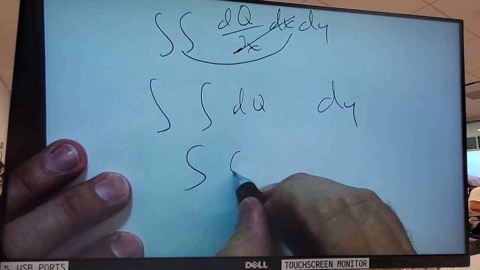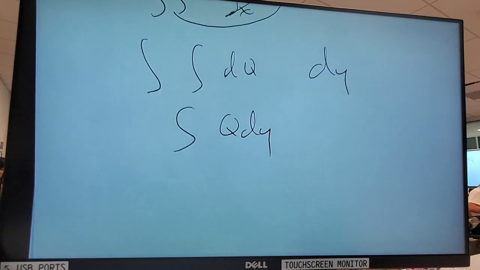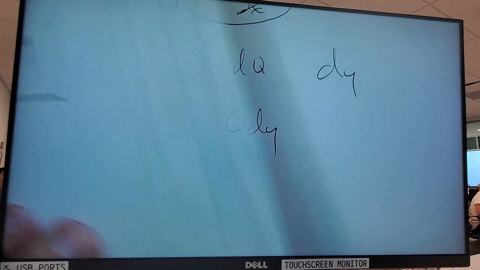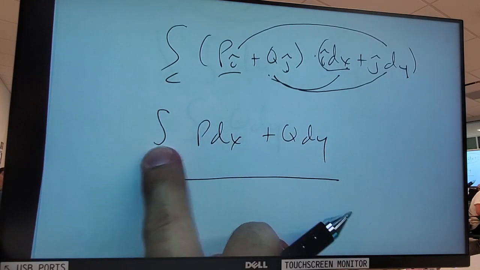This integral of q dy. I'm attempting to bypass about 30 minutes worth of full explanation. Nobody got time for that right now. But this is actually pretty close to what's important about this. Does everybody kind of follow that chain of thought? Isn't that a piece of integral dq dy?